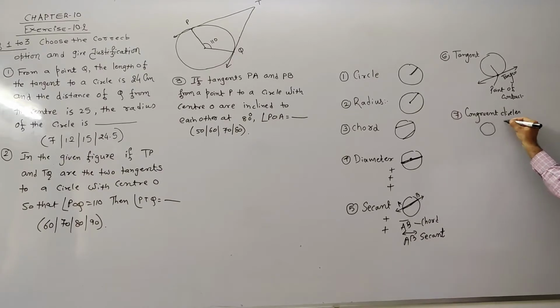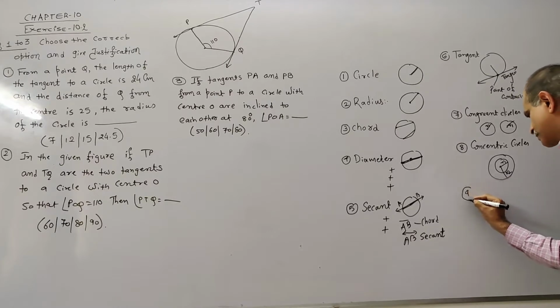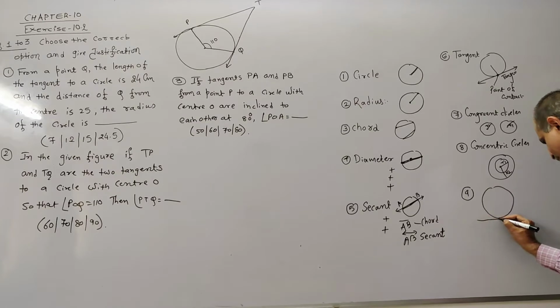Two circles having different centers but the same radii are known as congruent circles. The eighth topic, that is concentric circles. Two circles having the same center but different radii R1 and R2 are known as concentric circles.